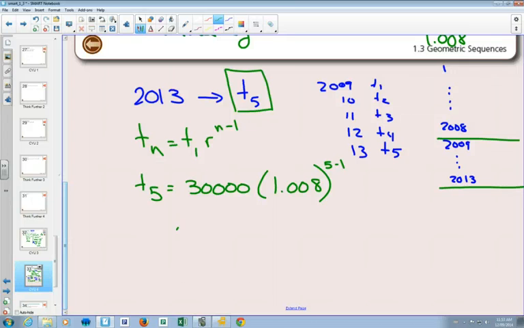And we can estimate that would be approximately 40,815. I'm not going to put my decimal places because that gets awkward when you're talking about people. 0.3 of a person. So that's part A.